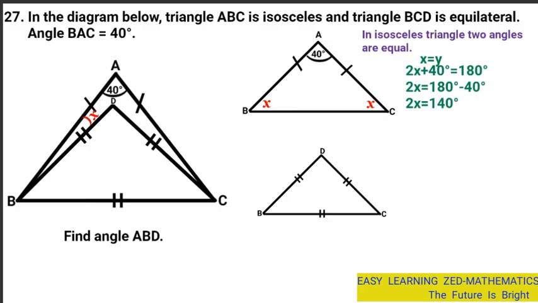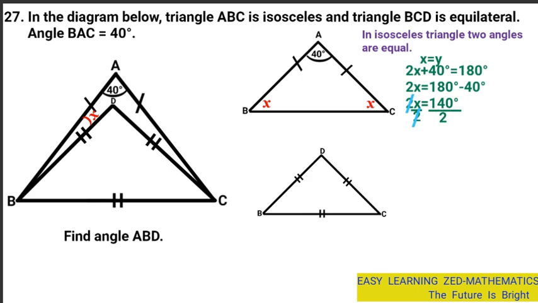Now we want to find the value of x. That means we need to get rid of the 2 in 2x, so we divide both sides by 2. 2x divided by 2 gives us x, since the 2 on top cancels with the 2 below, leaving us with x.